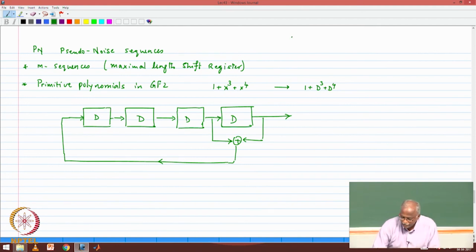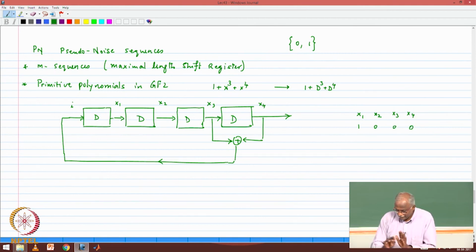Now think in terms of zeros and ones, not as plus ones and minus ones. Once we finish generating it, then you can go back and think about that. Let's call these variables x1, x2, x3, x4 and I. If I initialize x1, x2, x3, x4 with 1, 0, 0, 0, that is my starting state.